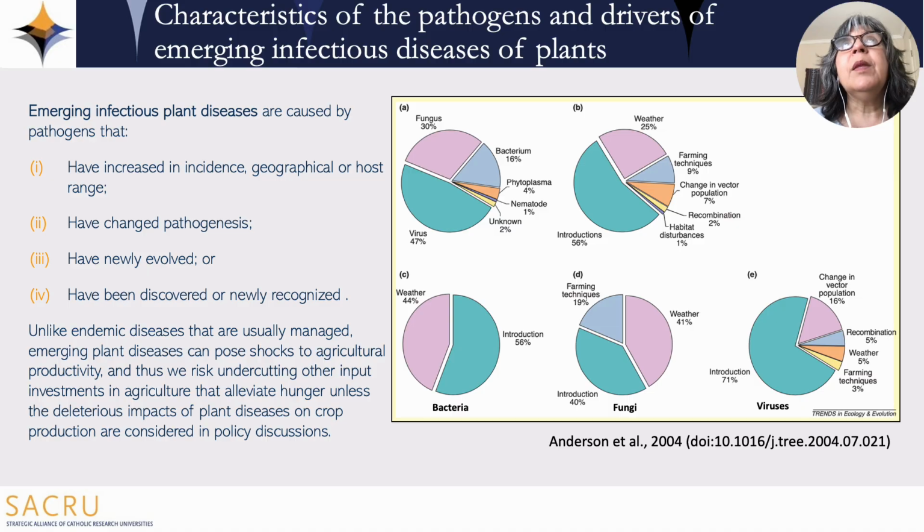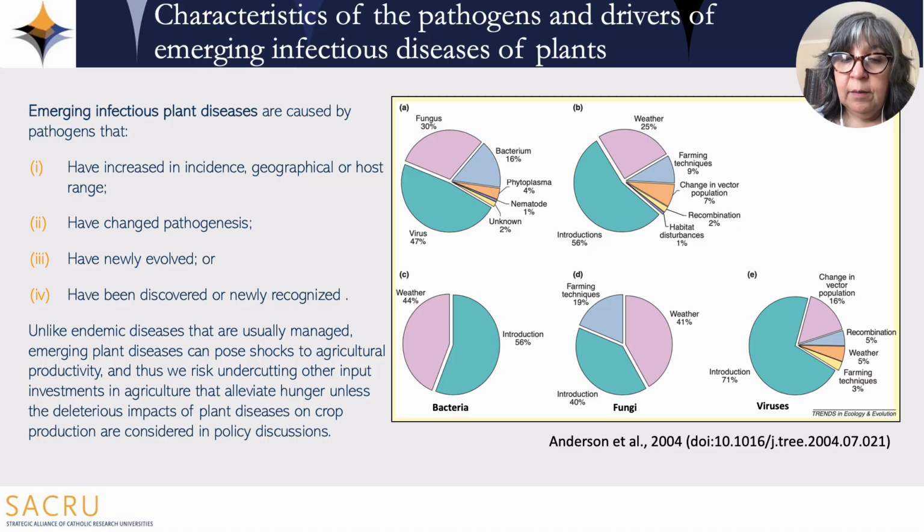And here, as I mentioned before, the introductions are most of them caused by the human population, meaning global trade, movement of people, movement of seeds. In that sense, the movement of seeds or the production of seeds in different locations can also be responsible for the emergence of new pathogens.